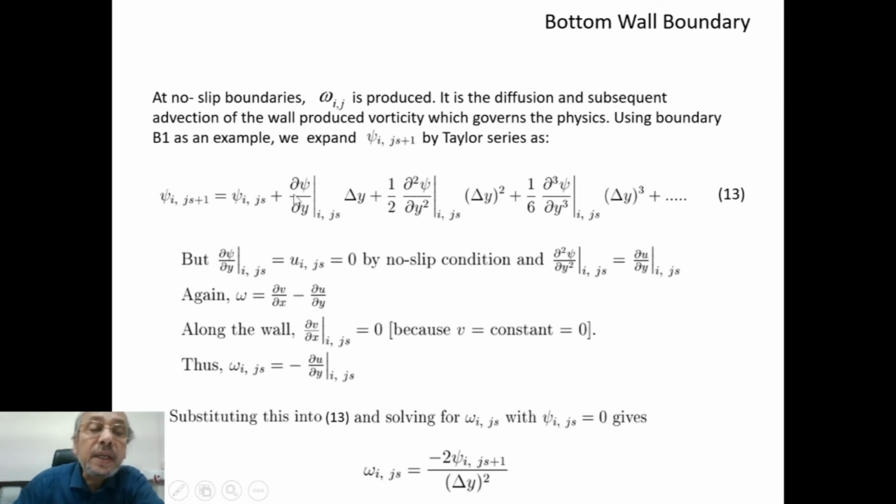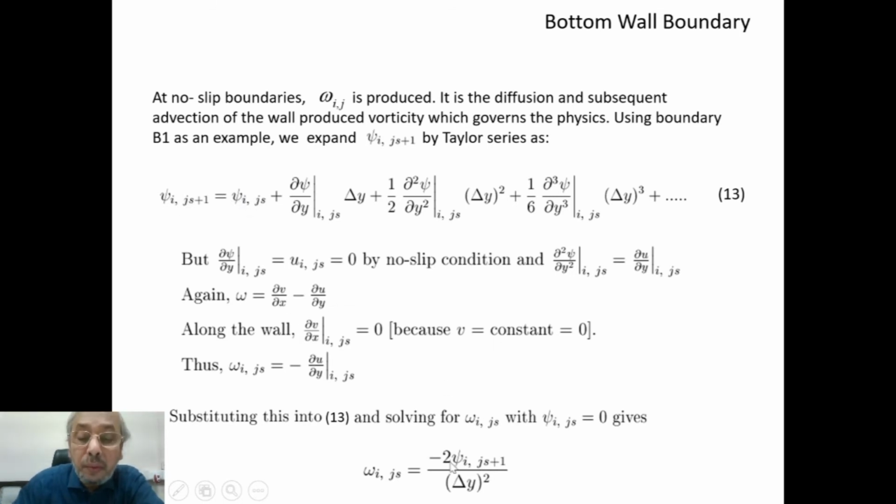Del psi del y is 0, so psi I js plus 1 minus psi I js, divided by delta y square and multiplied by 2, is minus omega. And psi I js is again 0, because on the wall psi is 0.